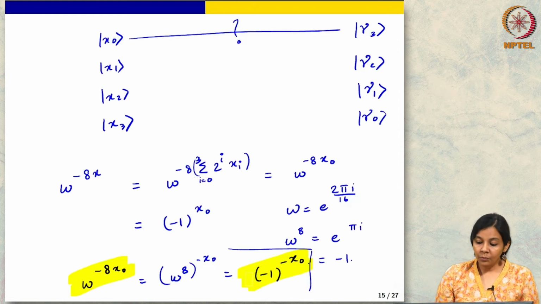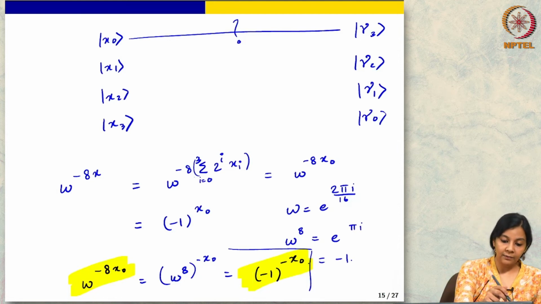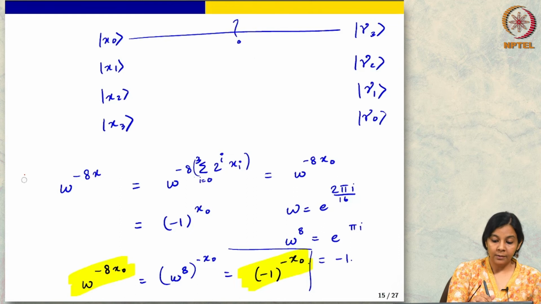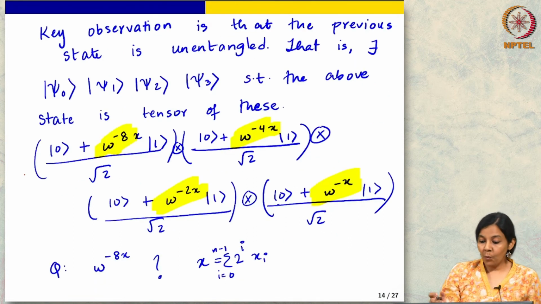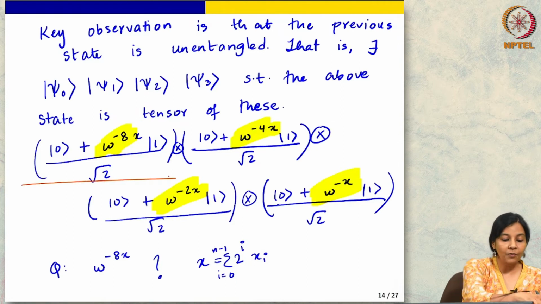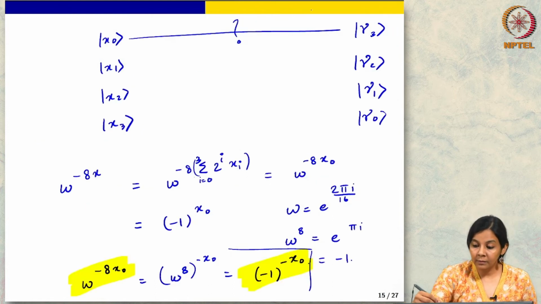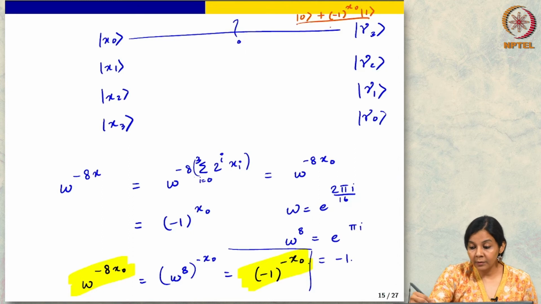Okay, good. Let us stay on the same board here. Now let us see what we wanted. Let us focus our attention on this term, which is 0 plus minus 1 to the x0 times 1 over root 2.